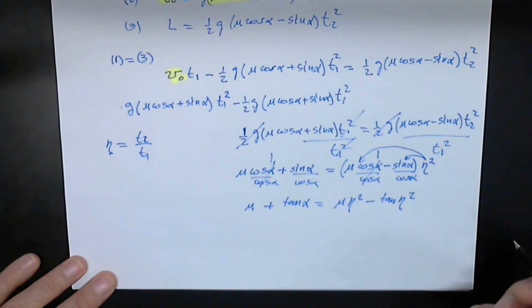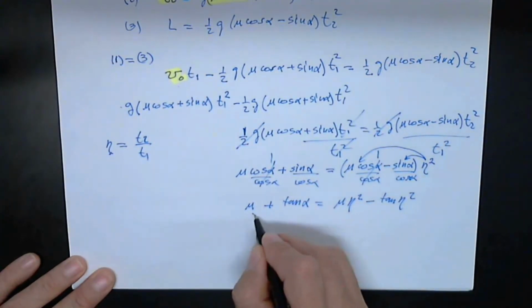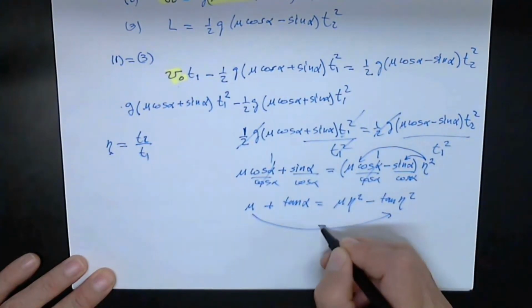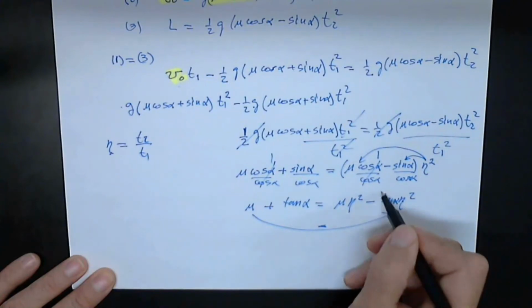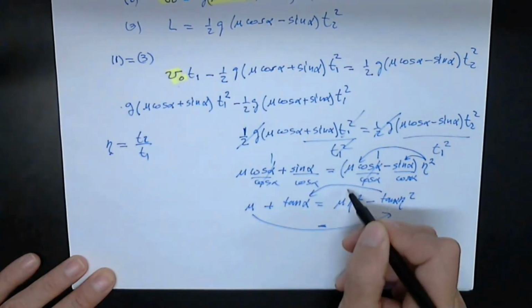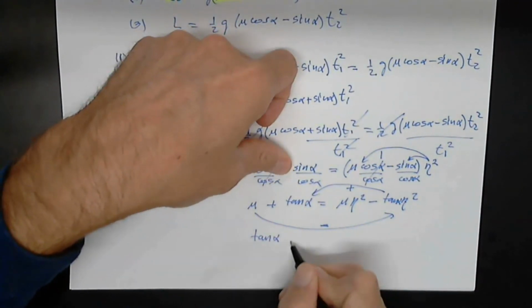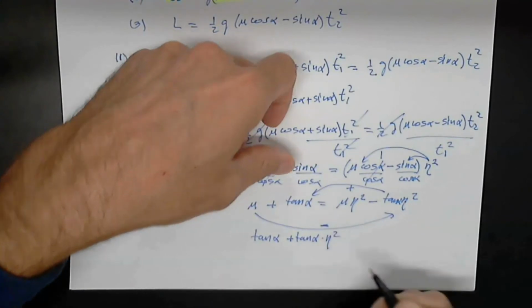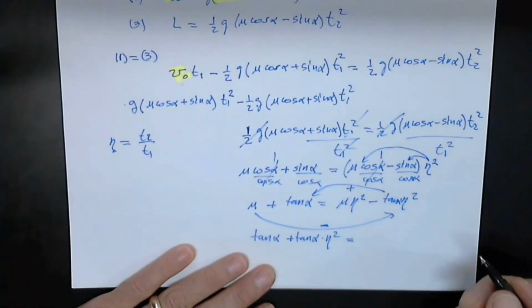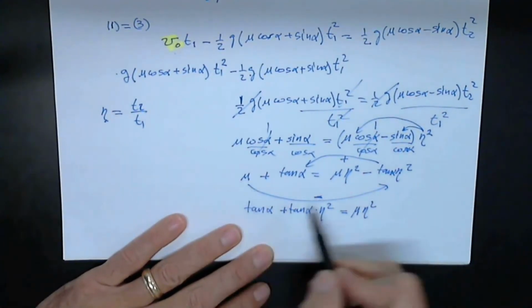So I'm going to move this to this side, so it's negative, and I'm going to move tangent of alpha to the other side, and it's positive, so I end up with tangent plus tangent times mu squared, and here mu square, and this is minus mu.